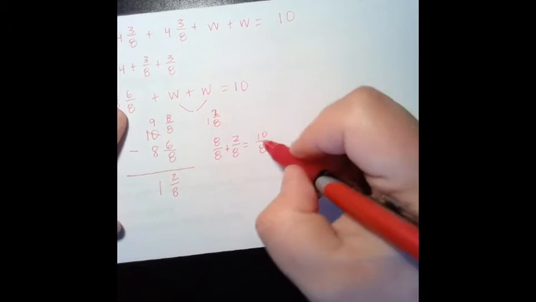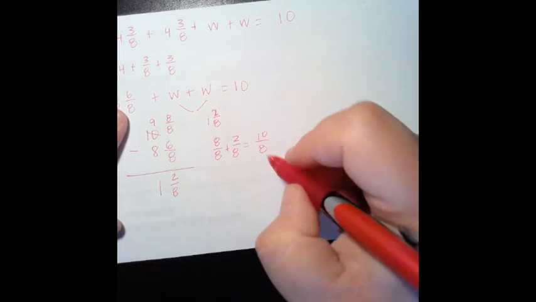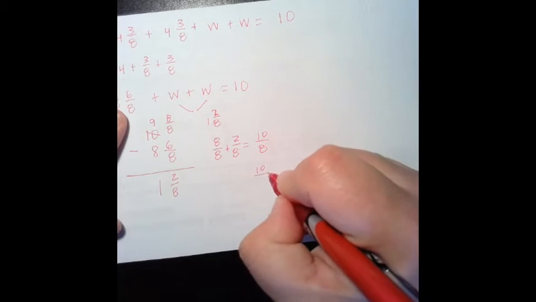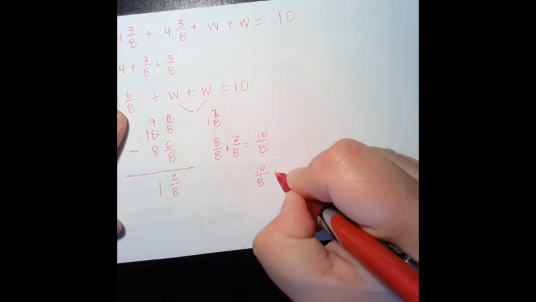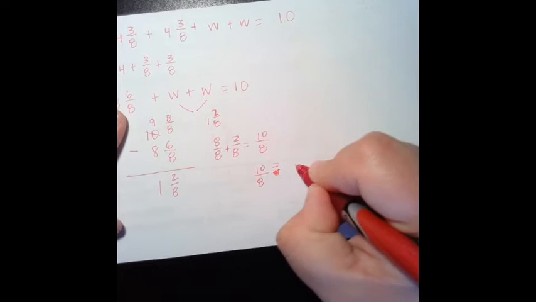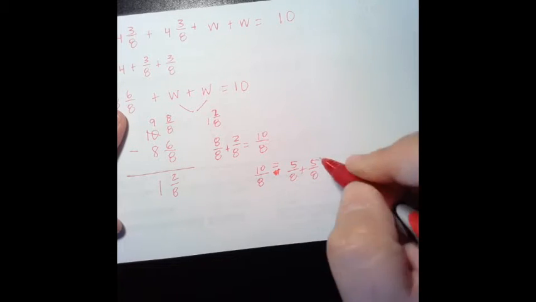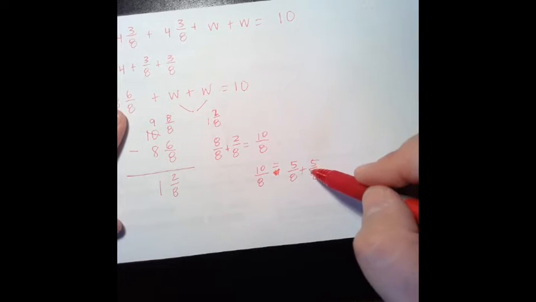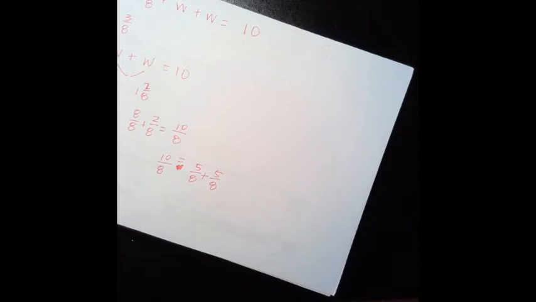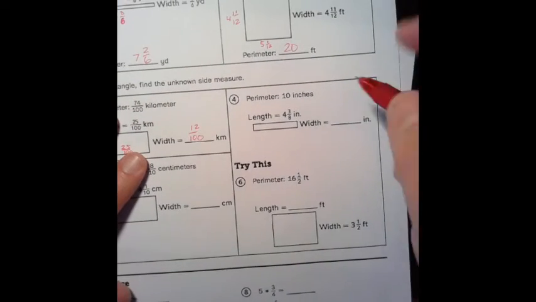Now we can take this 10/8 and split it in half. So 10/8 equals 5/8 and 5/8. That means that one width will be 5/8, which is what we are looking for.